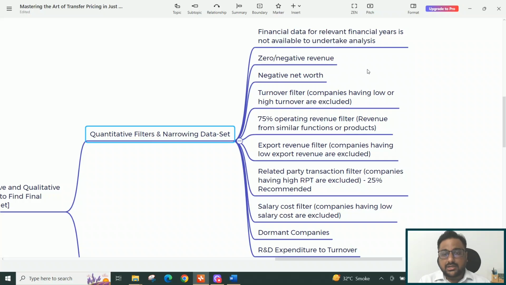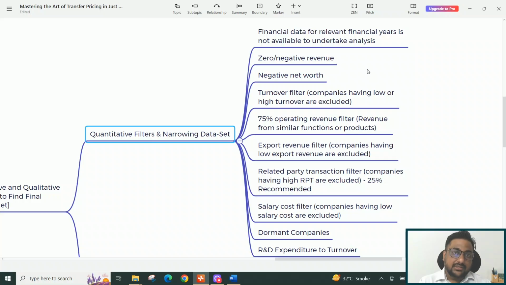Then sometimes in certain cases you may also apply a 75% operating revenue filter. That is, when you are comparing the operations of the company, you also need to ensure that the company is generating more than 75% of its total revenue from that particular operation.